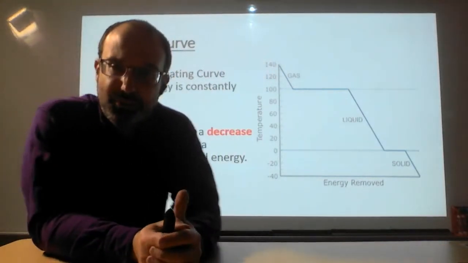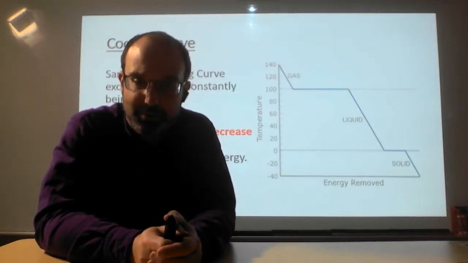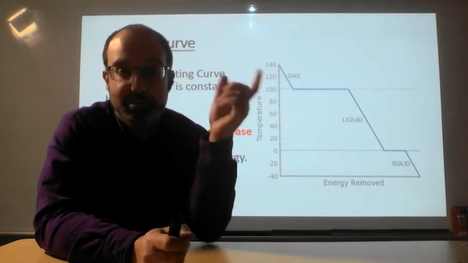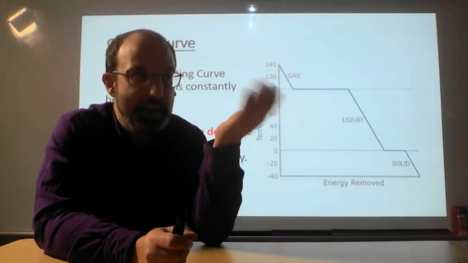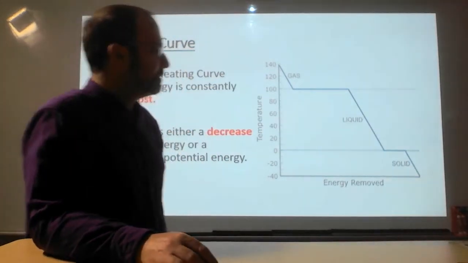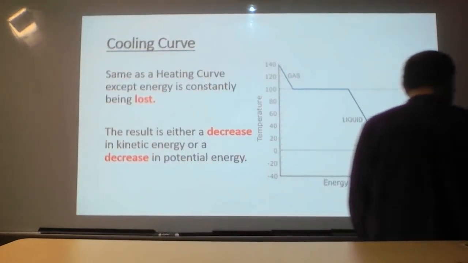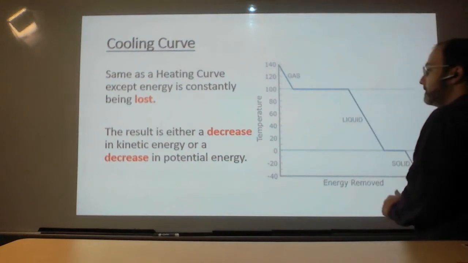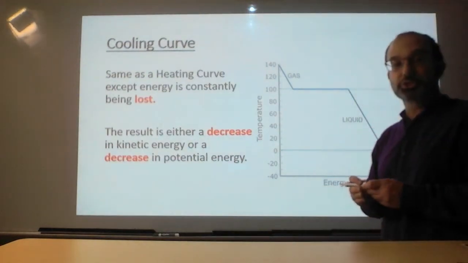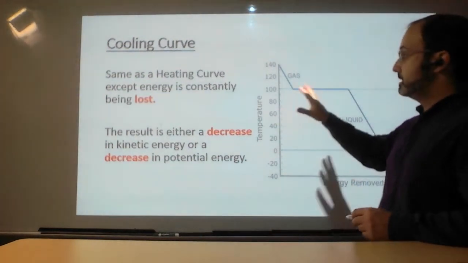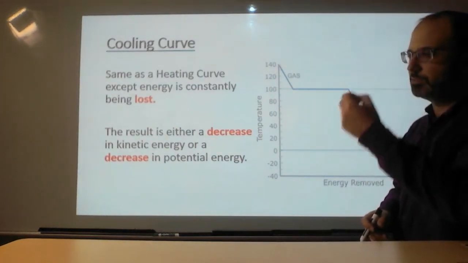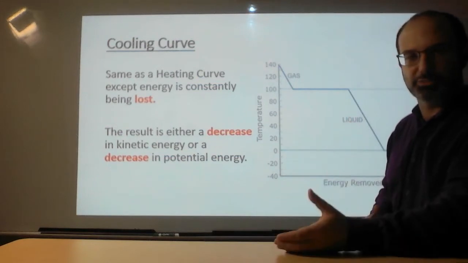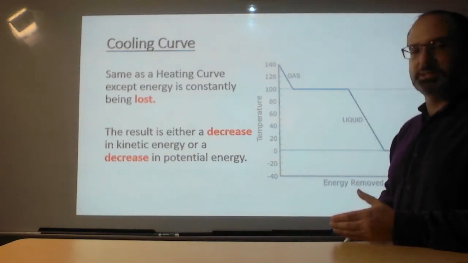But if I have two different samples, and one of them is bigger than the other, then we would expect these two graphs to be of different sizes, right? Let's say I had another bit of water here, and it was a larger sample. So maybe this example on the graph is me trying to condense and freeze down a glass of water, and maybe I'm going to have another one that's a bucket of water.